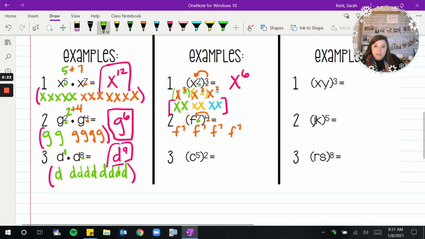So here, f to the power of 7 means I have 7 f's. So there's 7. F to the power of 7 means there's 7 more. F to the power of 7 means there's another 7.